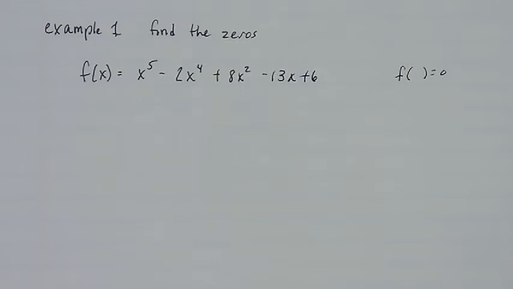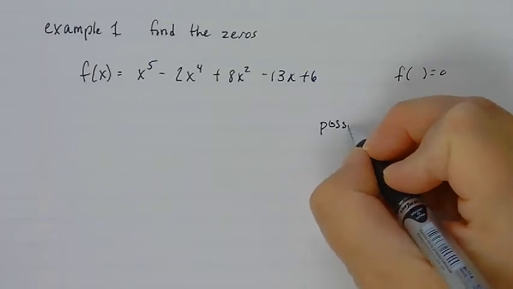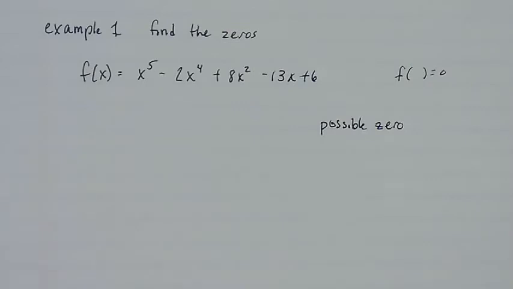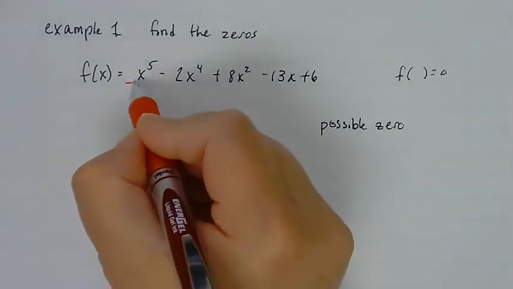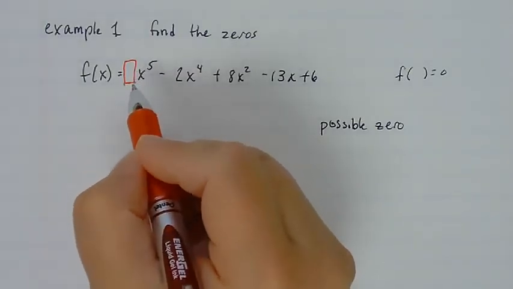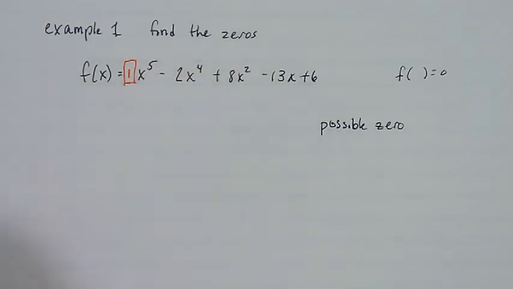So the first place that we're going to find our zeros, or our possible zeros. So to find the possible zeros, I'm going to look at the coefficient that is in front of this leading term. So the coefficient that's in front of my leading term is 1.